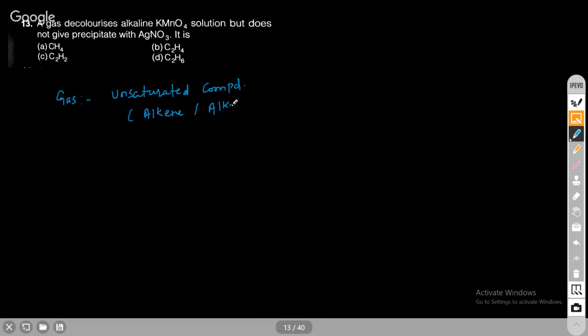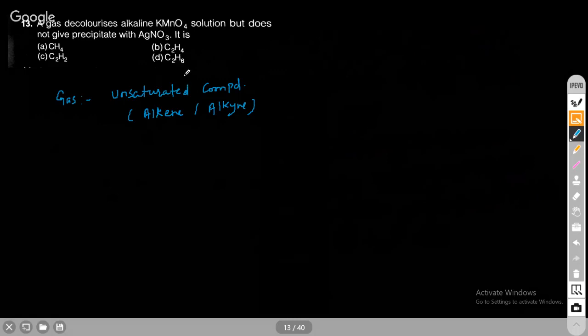Correct? Unsaturated compounds may be alkene or alkyne. Okay? So this is the test of unsaturation if you remember. Double bond and triple bond, the presence will be identified with the help of alkaline KMnO4 and when decolorization takes place.